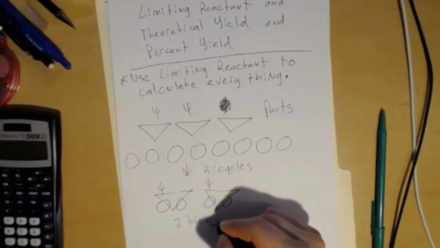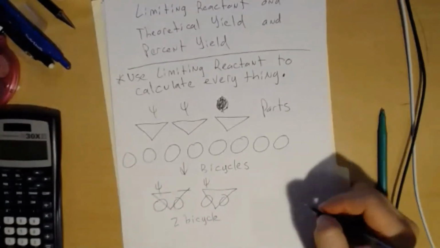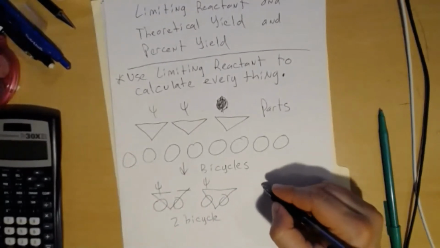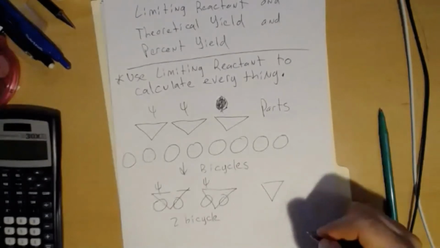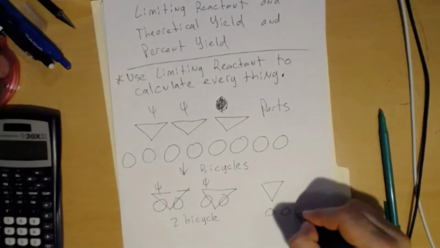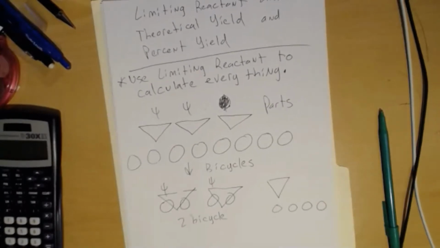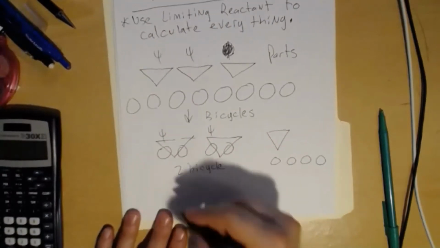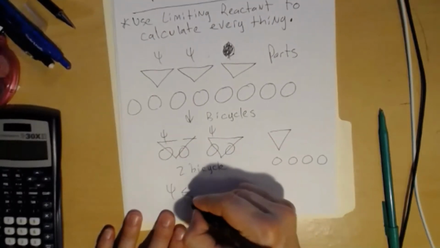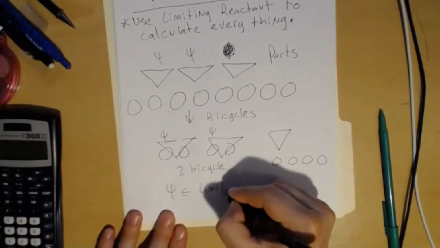And I'm going to have some stuff left over, right? How many frames will I have left over? 1 frame, and I'm going to have 4 wheels left over, which I can't use to make a complete bicycle. So in this example, the handlebar is what we call the limiting reactant.